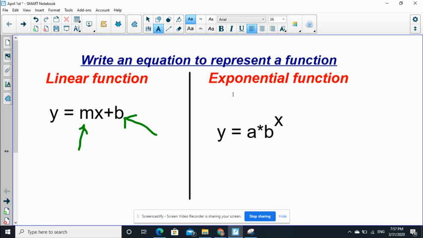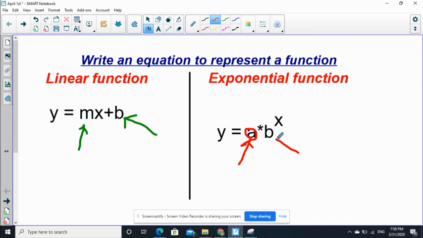To write an equation for the exponential function, you have to know what is a and what is b. A is the starting point or the initial value, and b is the multiplication factor.